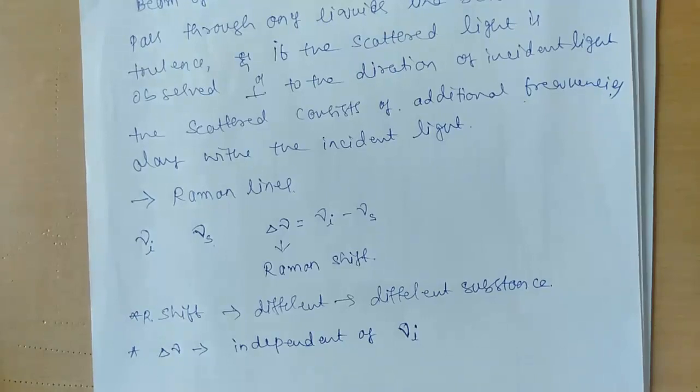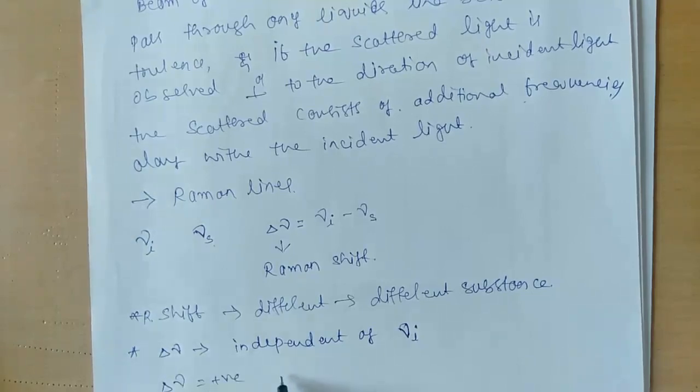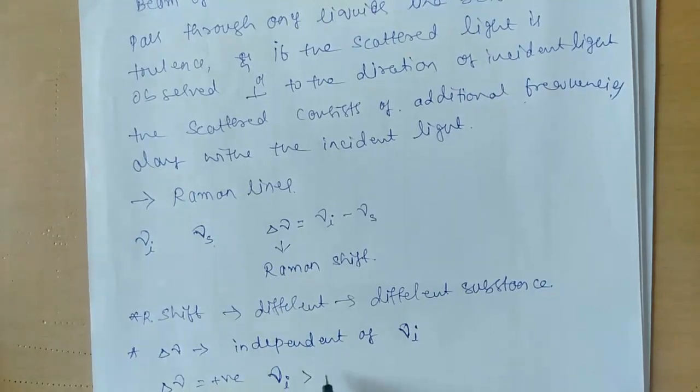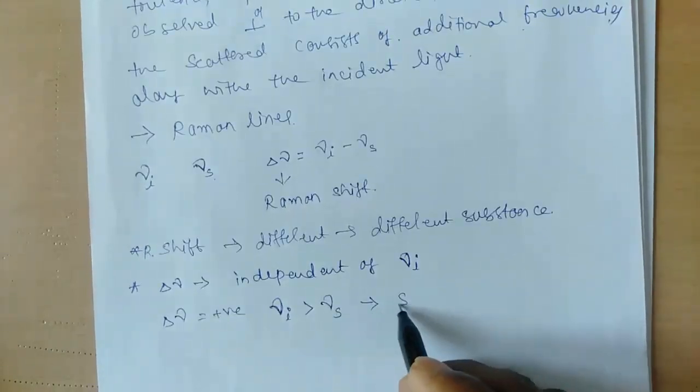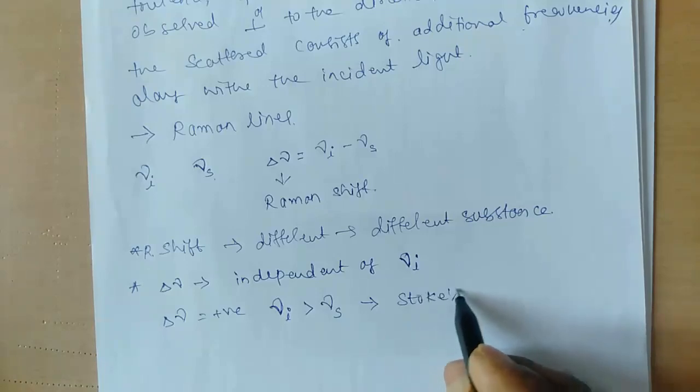If delta nu is positive, it means that the frequency of the incident light is greater than the frequency of the scattered light. Such lines are called Stokes lines.